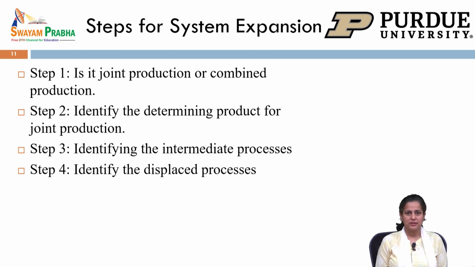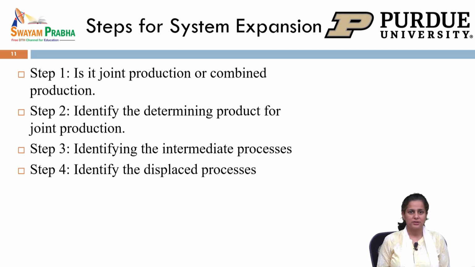By that, we mean that if a co-product is being made as part of the production of our dedicated product, we are also avoiding environmental impact due to the production of that co-product. Further on, we will see examples of how to do this.